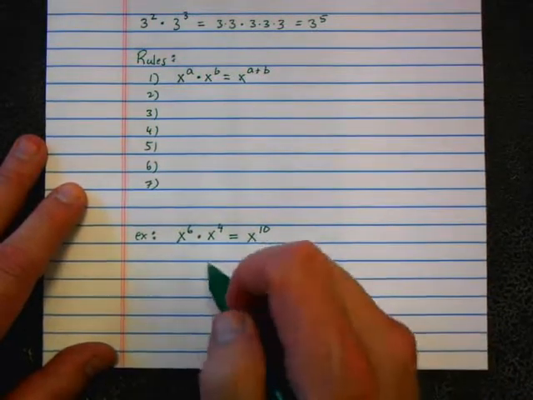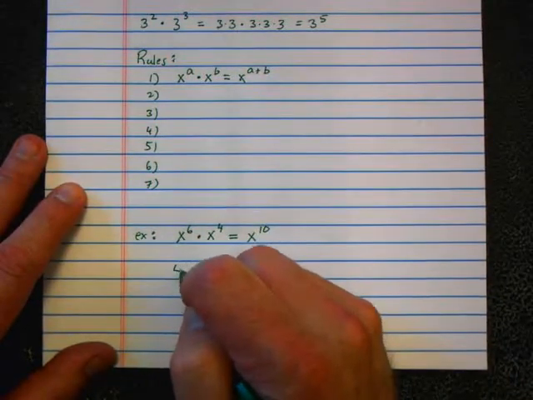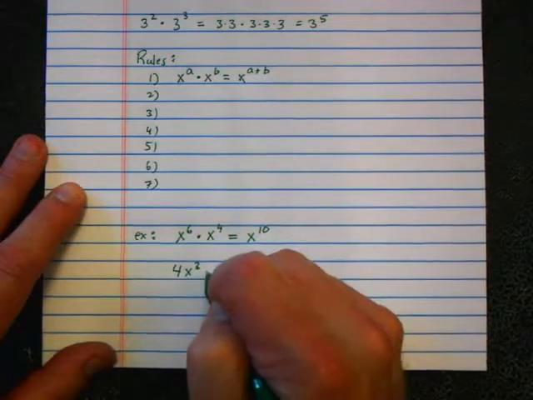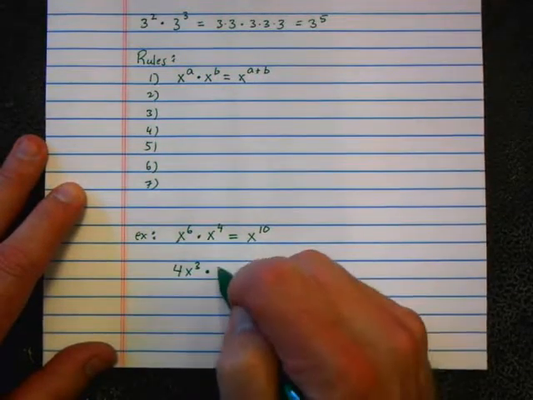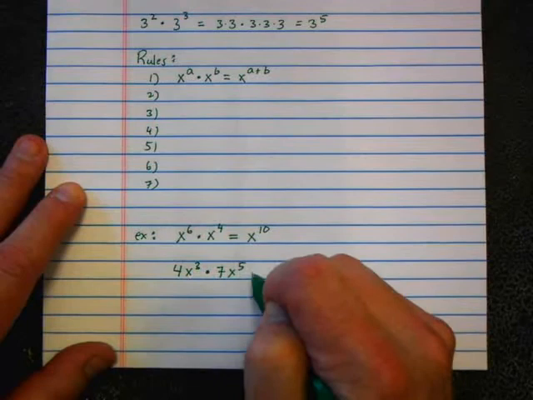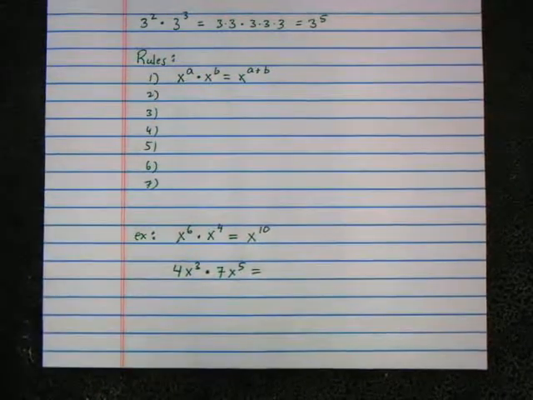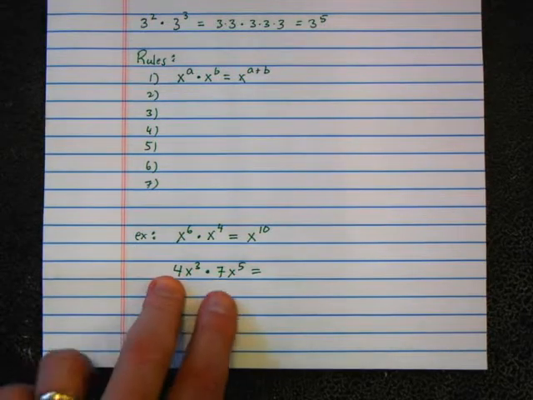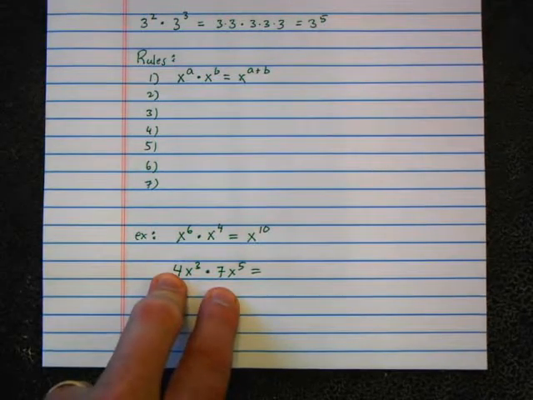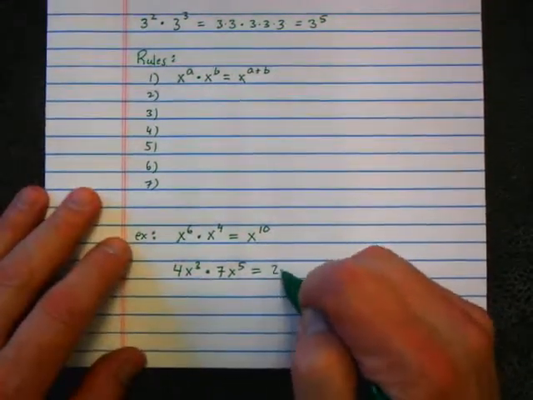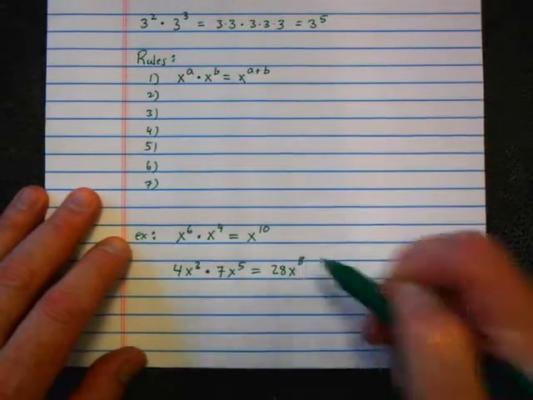If I asked you to take 4x cubed times 7x to the 5th, you multiply the numbers out front. 4 times 7 is 28. And then you add your exponents, x to the 8.